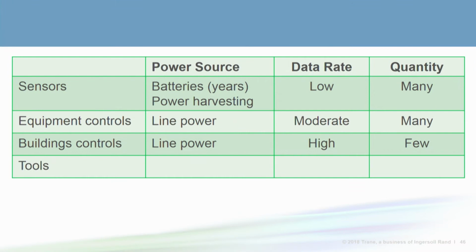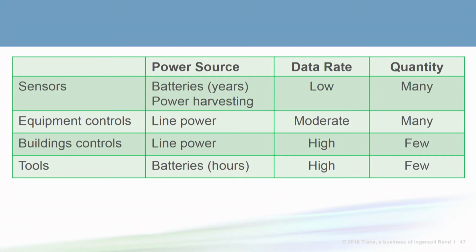For the building controller, power is not a key concern since the wireless device can share the same line power source. From the building controller up, data rate is high. But from the building controller down to the equipment controllers, the data rate is moderate. So the benefit of wireless communication to the equipment controller is greater since the number of devices connected to the network is higher.